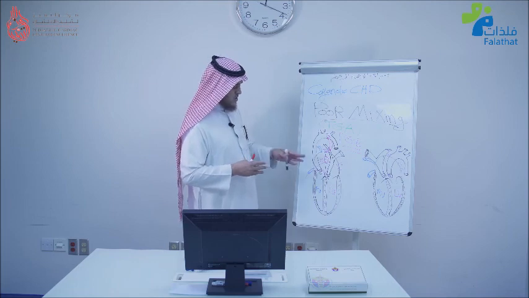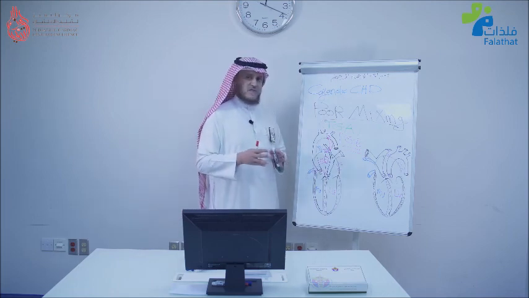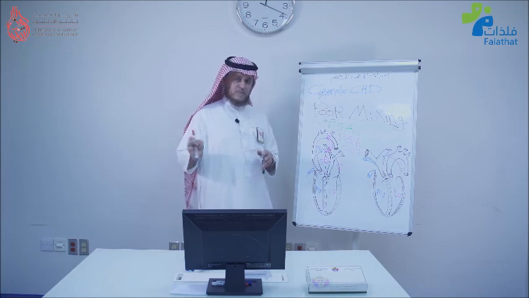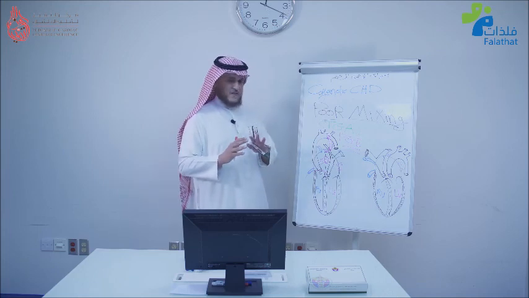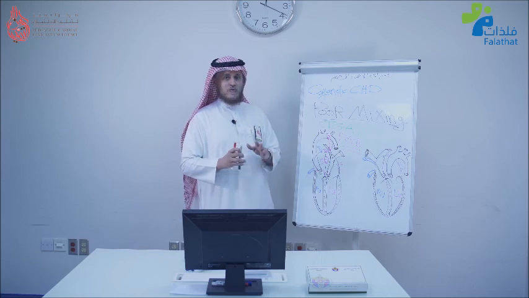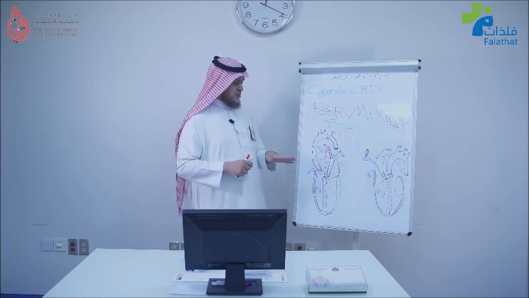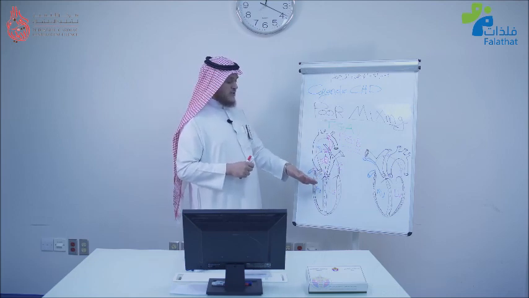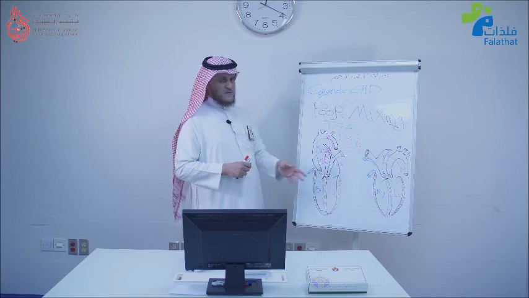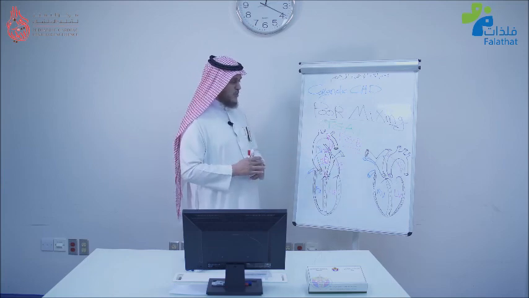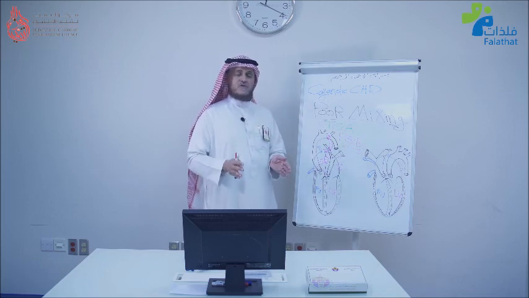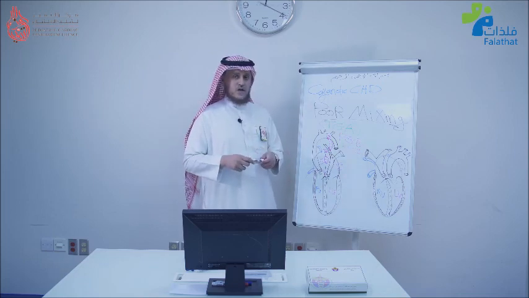Actually not the subpulmonic, because if it is subpulmonic, then they are a different type of transposition, which is not the goal of this presentation, because there are many types of transposition depending on VSD location and the presence of pulmonary stenosis or not. We're not going to make it too complicated. We're just talking about the mainstream pathophysiology of cyanotic congenital heart disease.